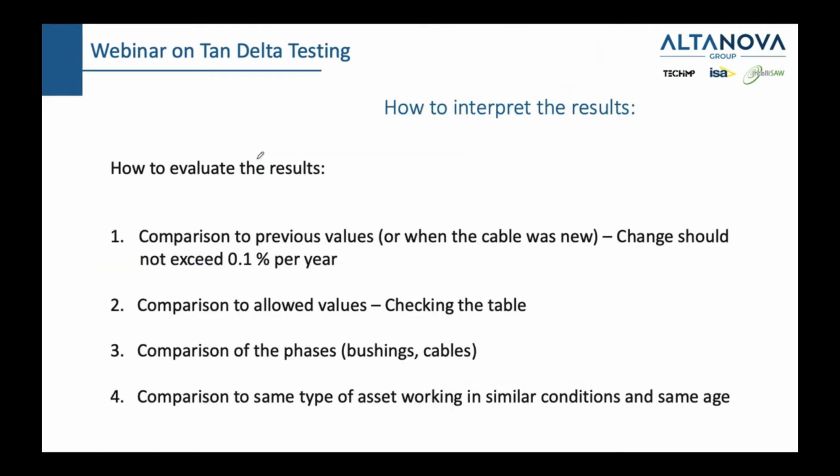Now, moving on, how to interpret results. Also, I'm having some questions about negative values of tan delta in a transformer, so let me address that right away. There are a few reasons why you could get a negative value for the tan delta. One of them is you are not performing the test properly.